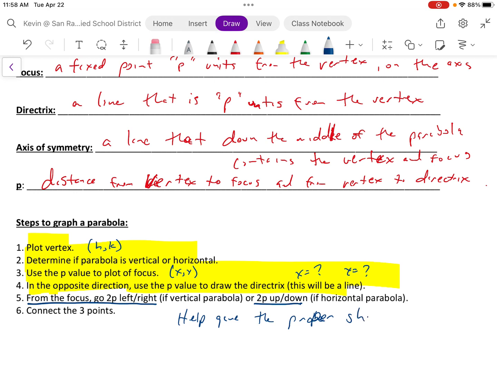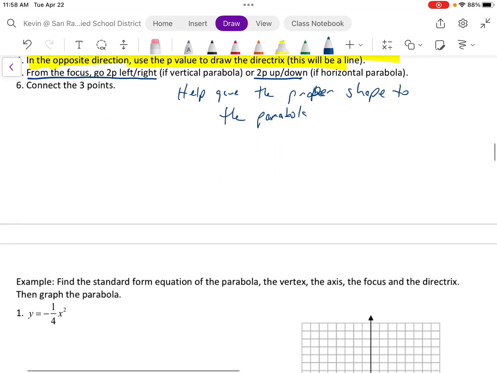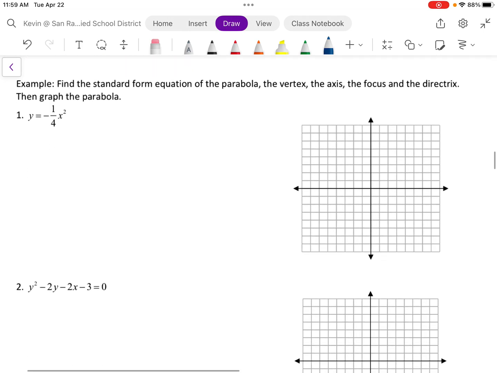That helps give the proper shape to the parabola. Then you're going to connect those 3 points: the vertex, and those 2 points that you get from going from the focus.